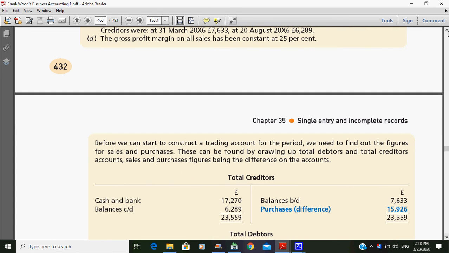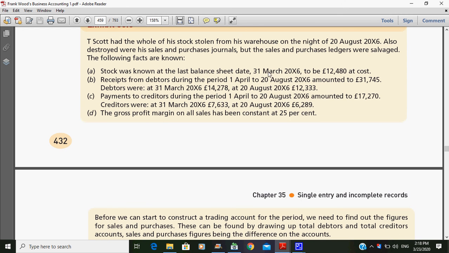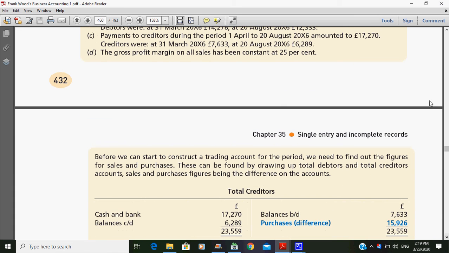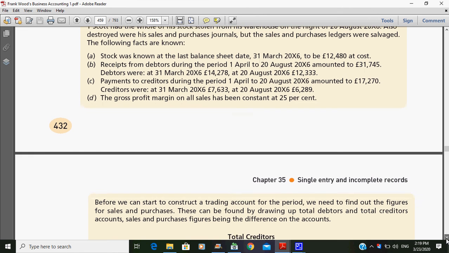First things first, the balance from March 31, 2006 was 7,633. Should go here.